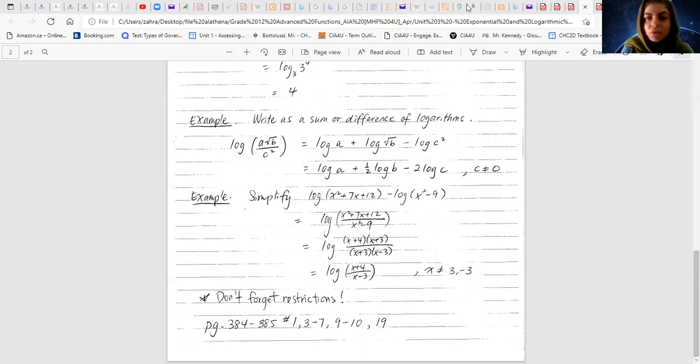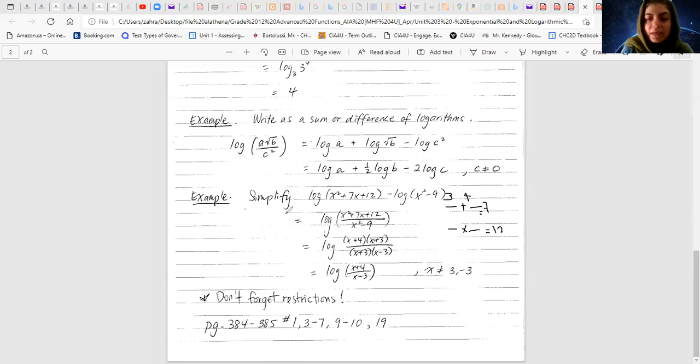We'll find the two numbers whose sum is 7 and product is 12. It is 3 and 4. 3 plus 4 is 7. 3 multiplied by 4 is 12, right? So it's x plus 4 and x plus 3.